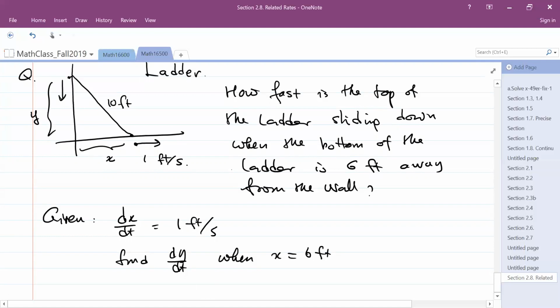So this is an application of calculus. I think the challenging part is geometry.